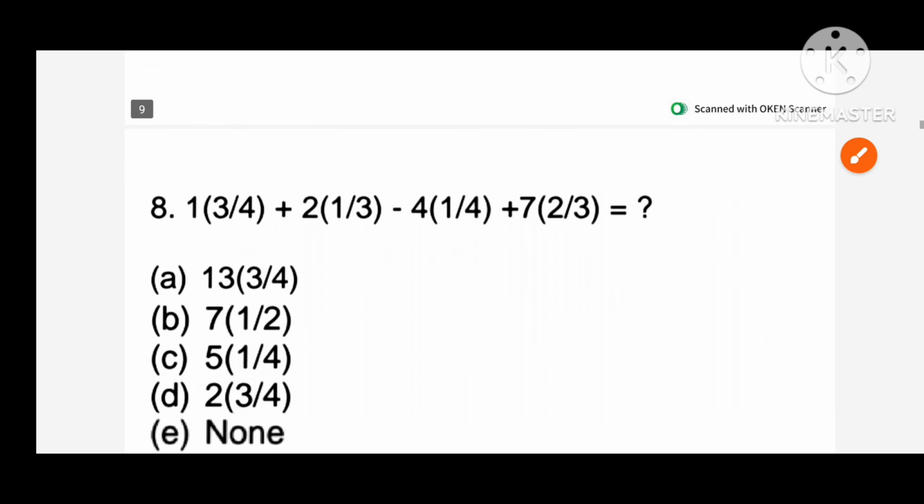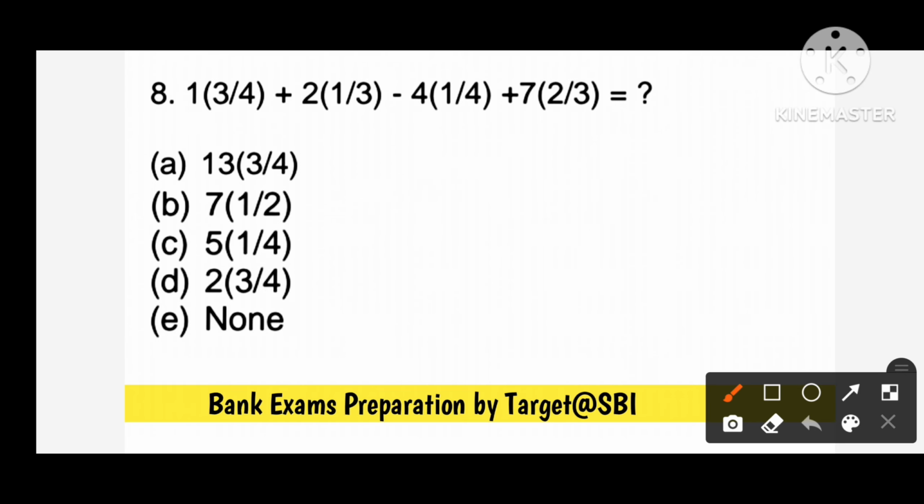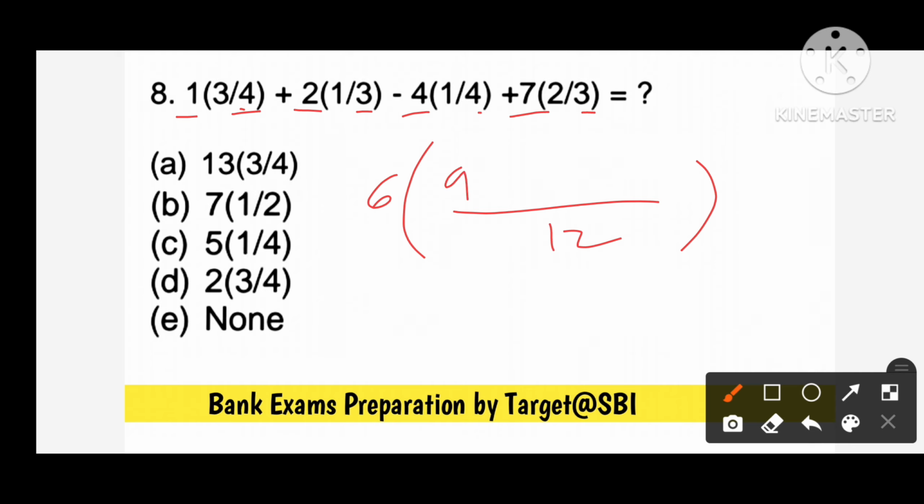Next, question number 8. 1 plus 2, 3. 3 plus 7, 10. 10 minus 4, 6. Here LCM of all the value will be 12. 3, 4 3 times. 3 3 times 9 plus 3 4 times. So plus 4 minus 4 3 times.